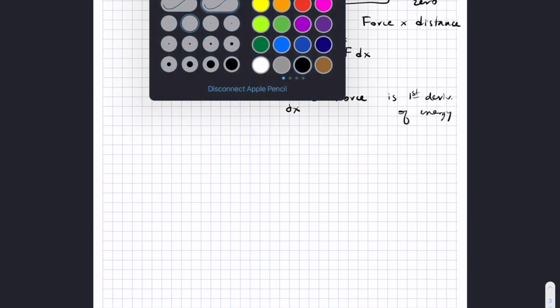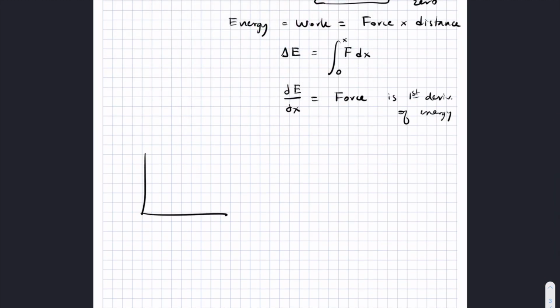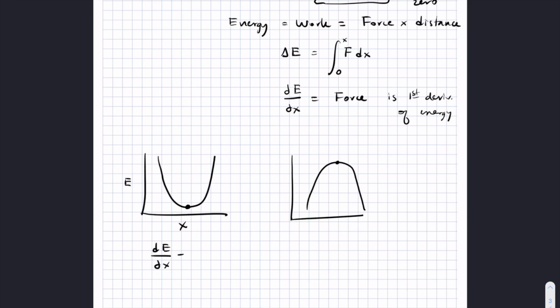Let's just look at the difference between this versus this. At both of these points, we'll say this is E and this is X, dE/dx equals 0. What's different though?